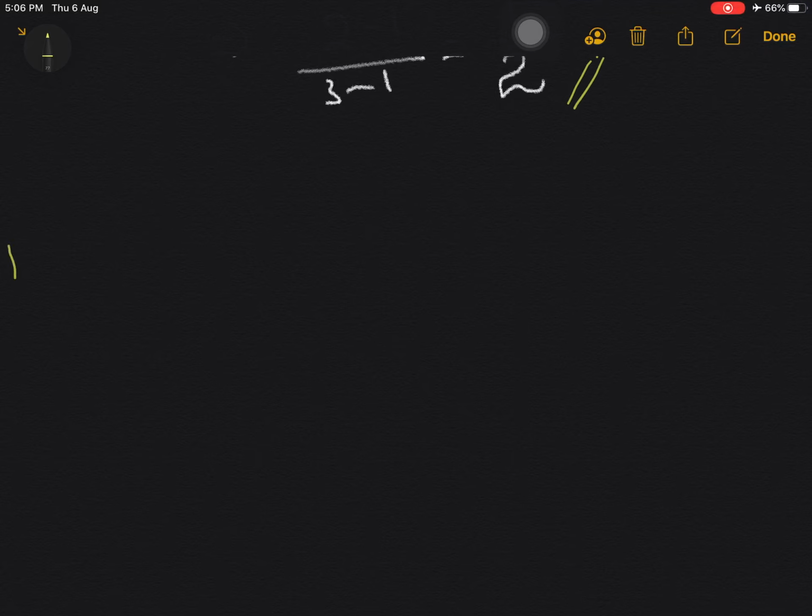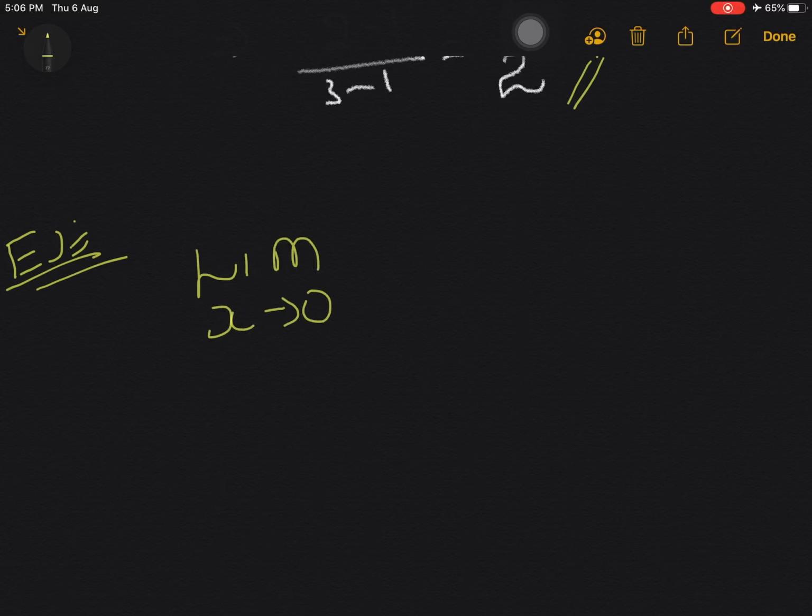The last and final question is limit x tending to 0, 1 minus cos x by x square.